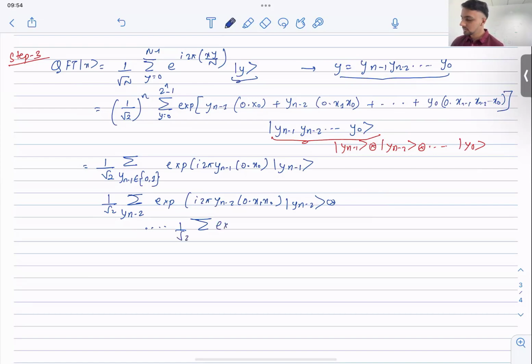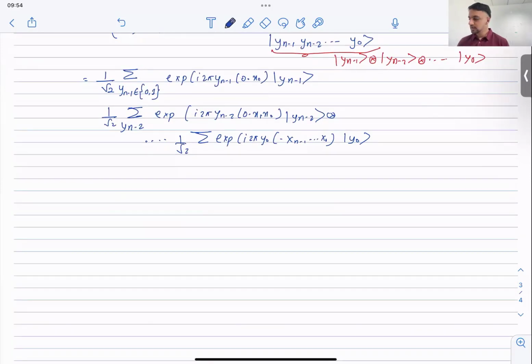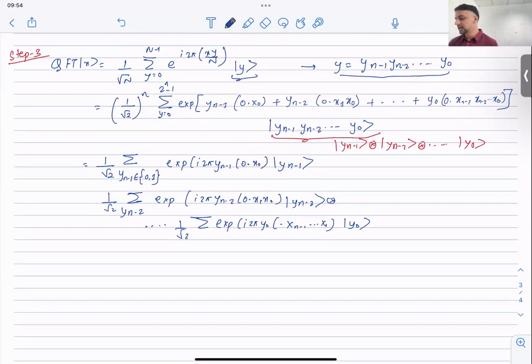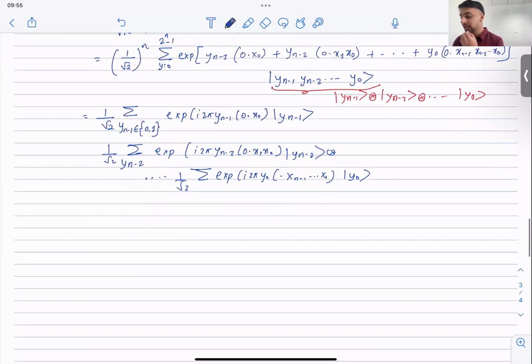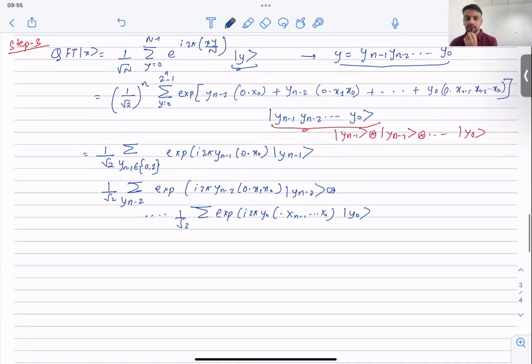And I'll have i 2 pi y0, x n minus 1 to x0, y0. Okay. So in step 3, I just substituted what I had expanded. And now, we already have our expansion for doing QFT.